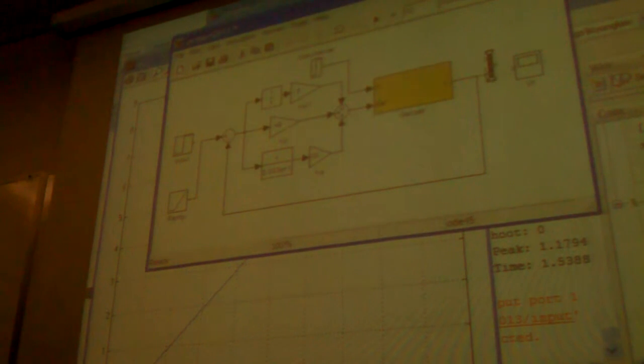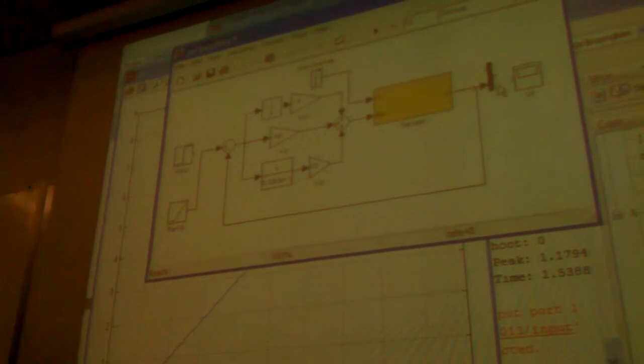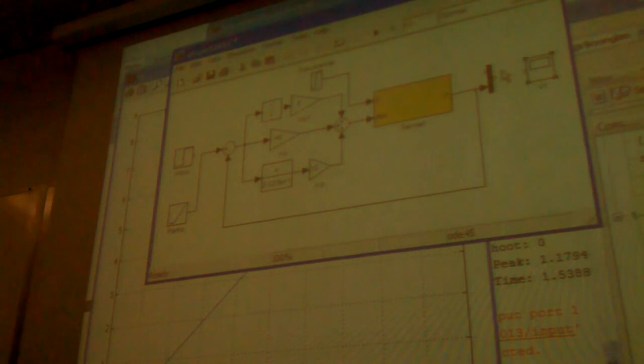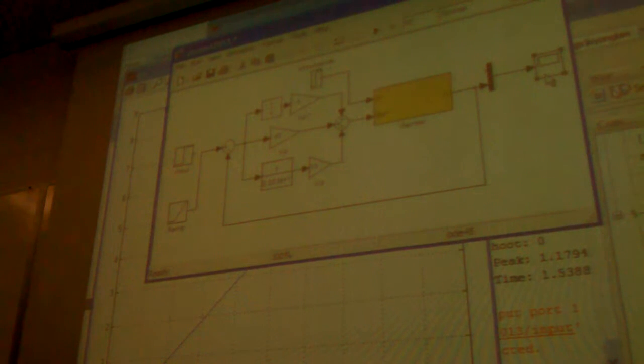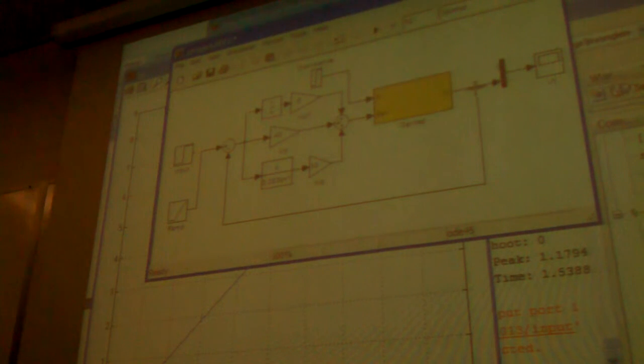You can use a mouse. I'll take the output here.